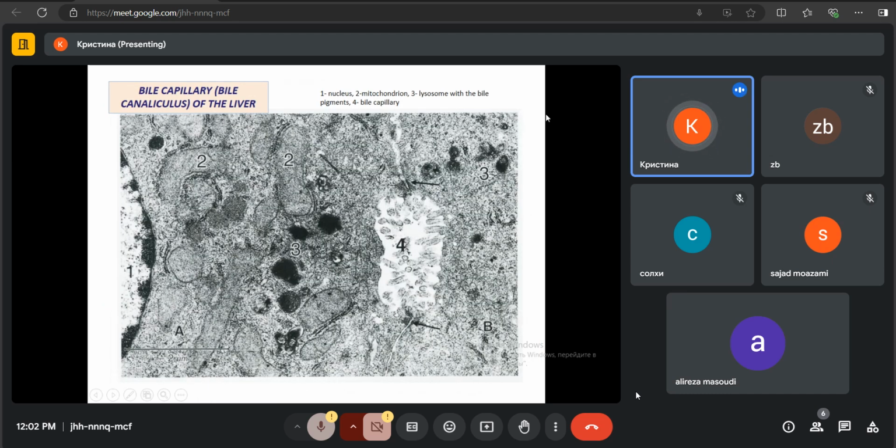This is how it looks like in the real electron microscopy picture. Here we see number 4 is for the bile capillary between the two adjacent hepatocytes.